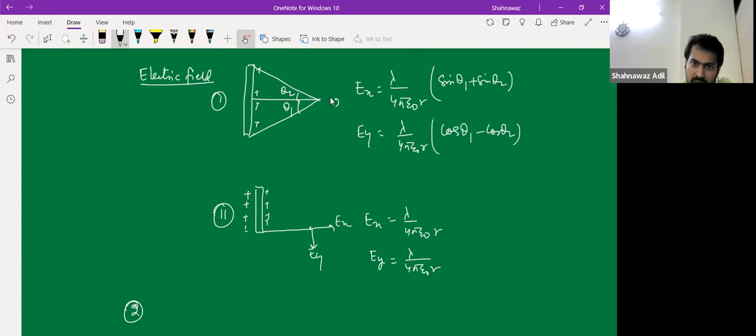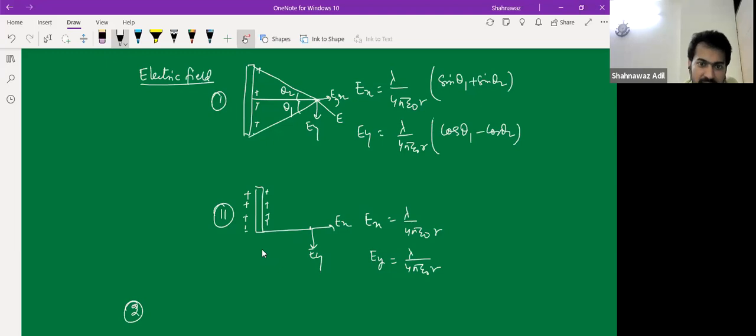So this is P and this is Ex. And then we did one question where theta 2 and theta 1 were equal.